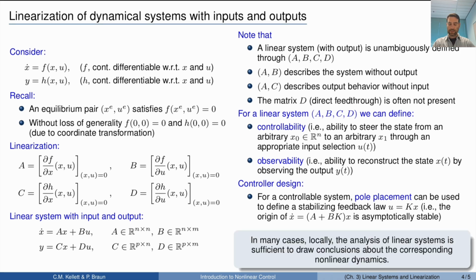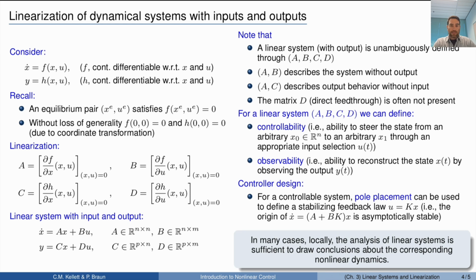So what we can see here is that in many cases, if we are only interested in a local analysis of our nonlinear dynamical system, then it is sufficient to look at the linearization and under certain conditions, properties of the nonlinear system are preserved in the linear approximation.